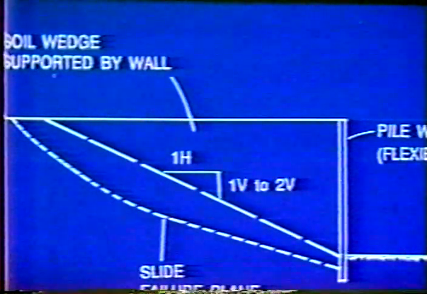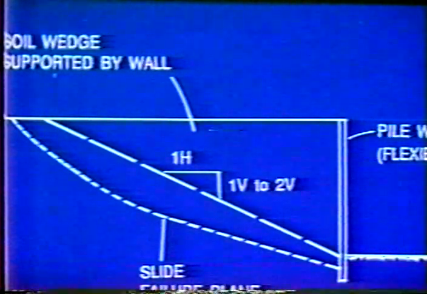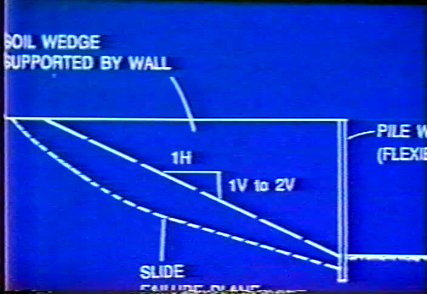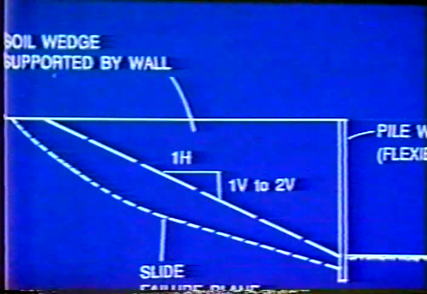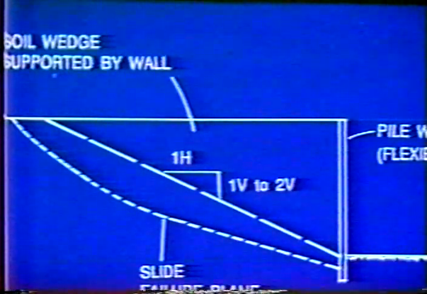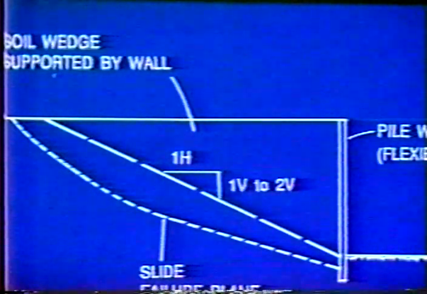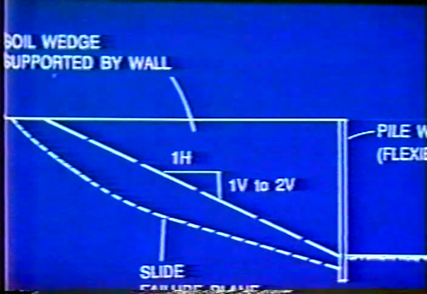Generally, as just a rough guideline, the soil wedge supported by the wall, that's sort of a theoretical wedge, should be about the same size as what your failure mass is. Here again, let me emphasize that when you're doing your inventory, if the thing has moved enough where you've got a scarp at the top and a toe bulge, there's a technique in the manual for approximating what the failure mass looks like, what the shape of it is.